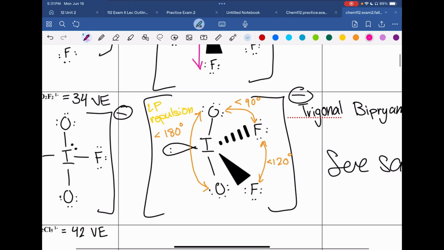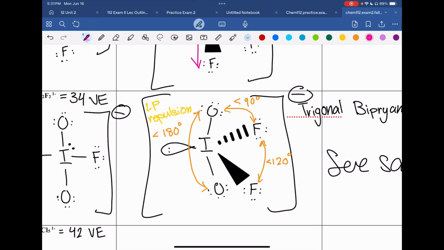So, I'm going to show you all the vectors. You know that fluorine is the most electronegative, so it points in these directions. Oxygen is slightly also electronegative, so it has a smaller polarity arrow. However, your lone pair is gigantic.